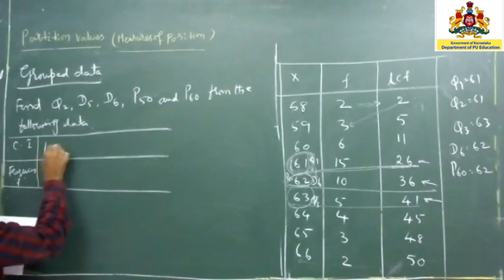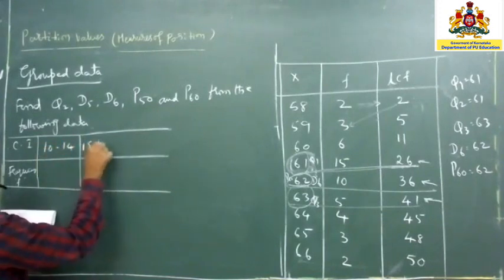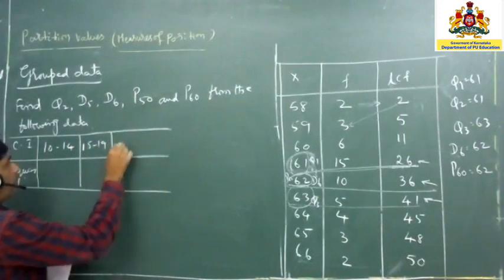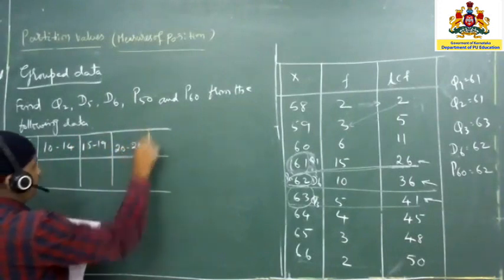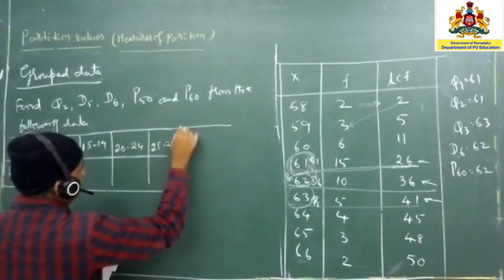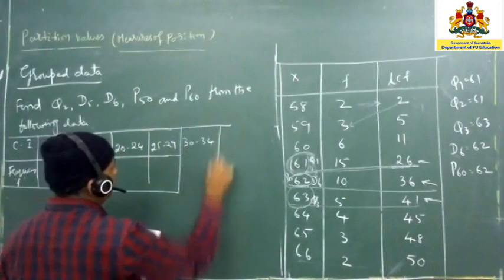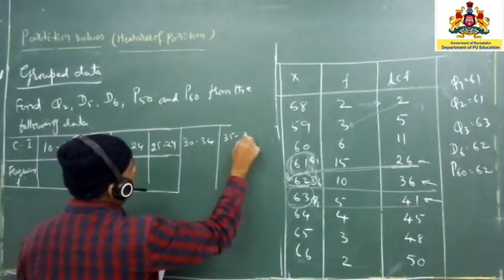So the values are 10 to 14, 15 to 19, 20 to 24, 25 to 29, 30 to 34, 35 to 39.